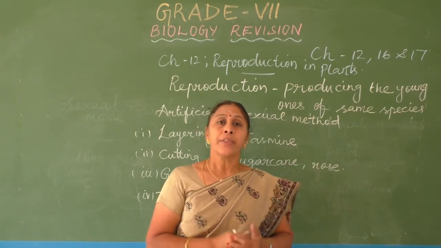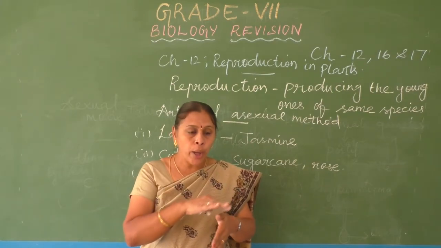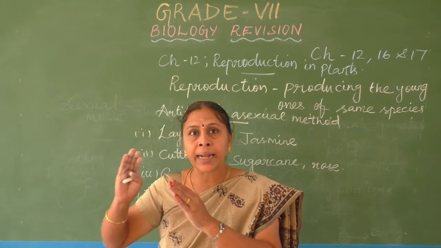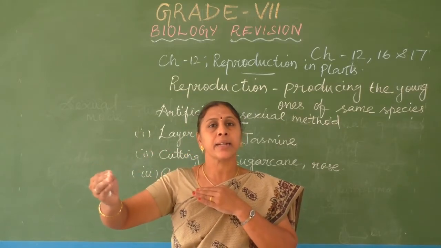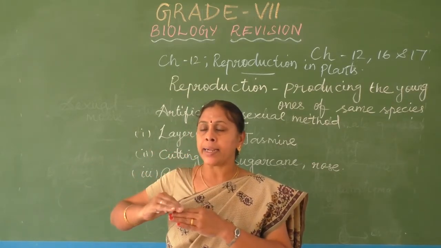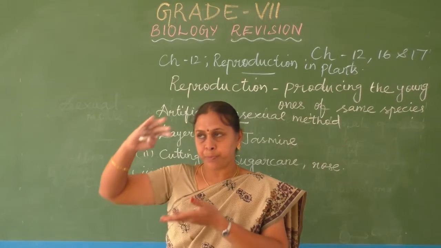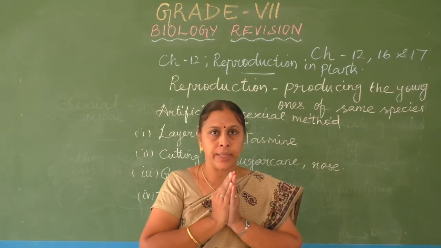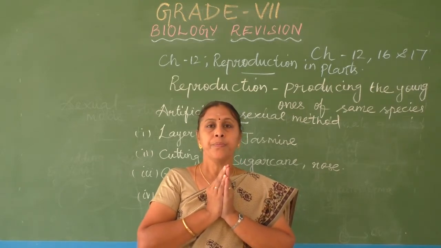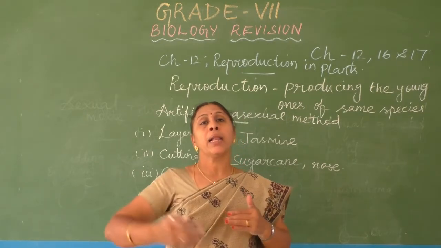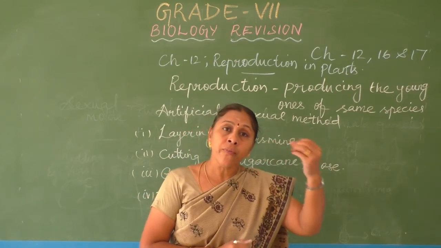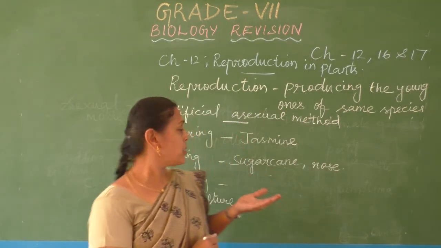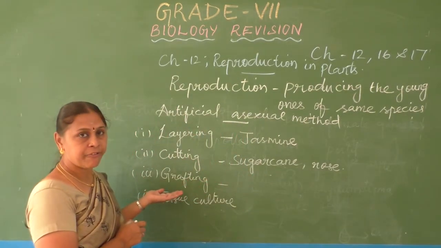That means the rooted, lower portion of one plant and a part of the stem of the desired plant, which we wish to grow, will be cut and both will be joined together. They will be allowed to grow and a new variety will be produced. Such production of a new plant is called grafting.